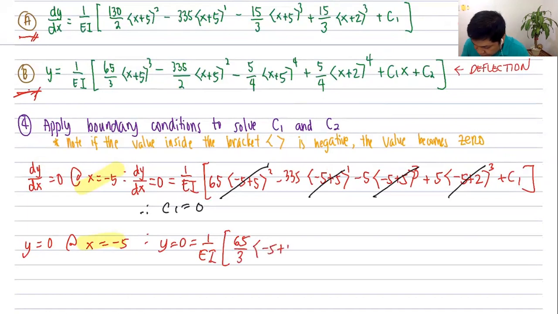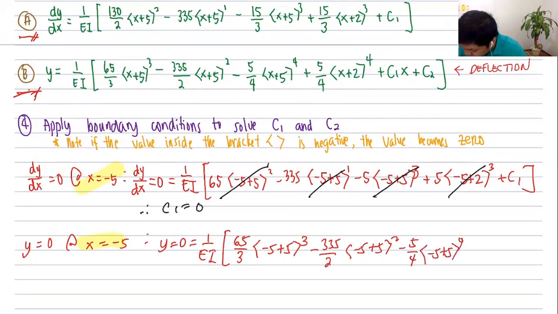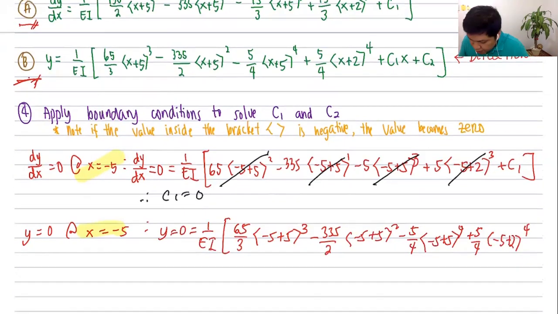Negative 5 plus 5 cube minus 335 all over 2. Negative 5 plus 5 squared minus 5 all over 4. Negative 5 plus 5 to the fourth plus 5 over 4 times negative 5 plus 2 to the fourth, plus C1, which is 0, times x, which is negative 5, plus C2.